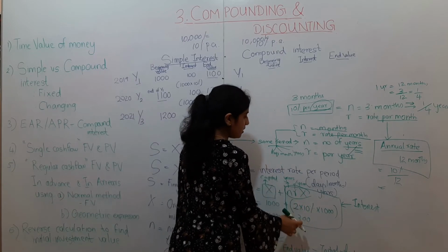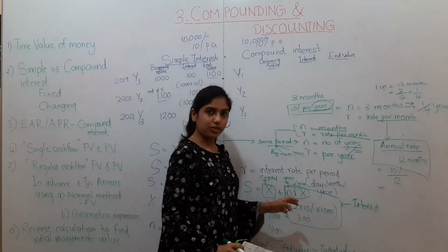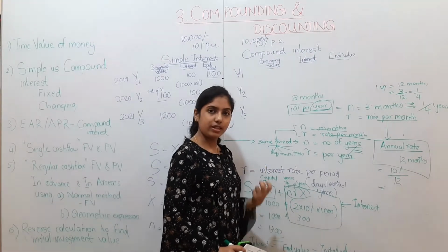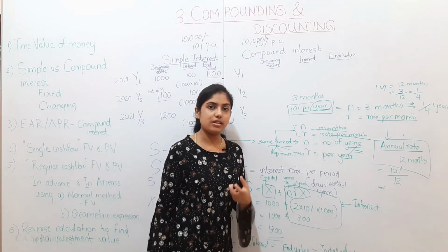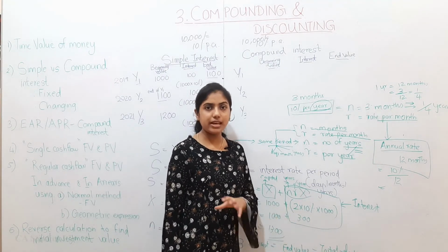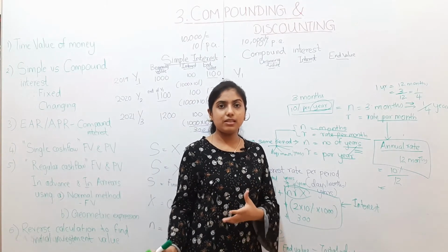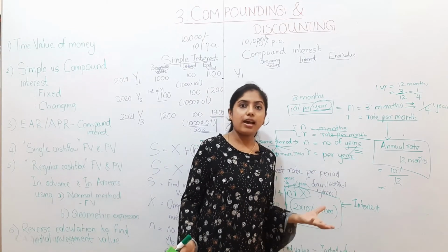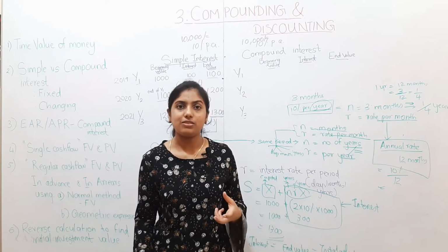Because our point is, no matter how many years it is, the period referred to by the interest rate and the n must be the same. That is the key criterion for this formula and any formula. Because you can't multiply a monthly rate by annual years. It's not logical, right? Okay?